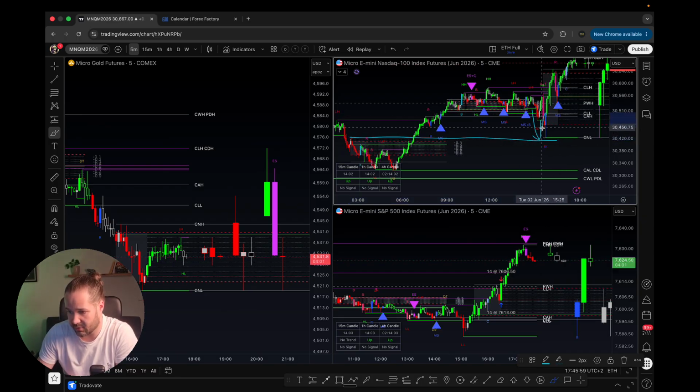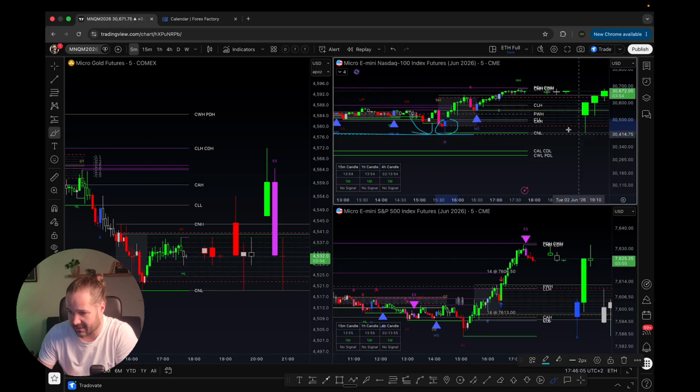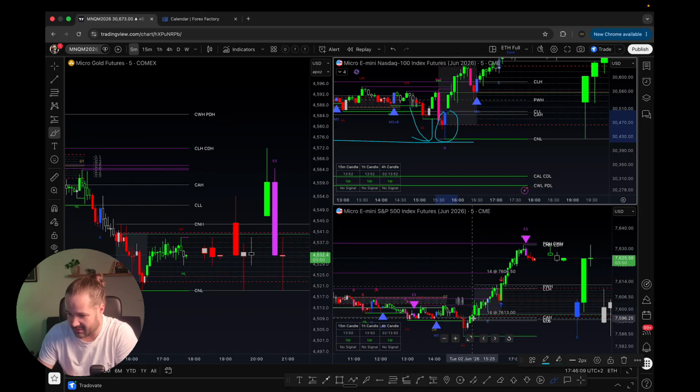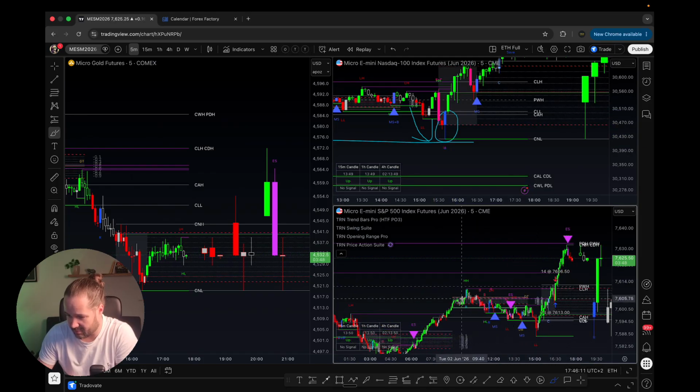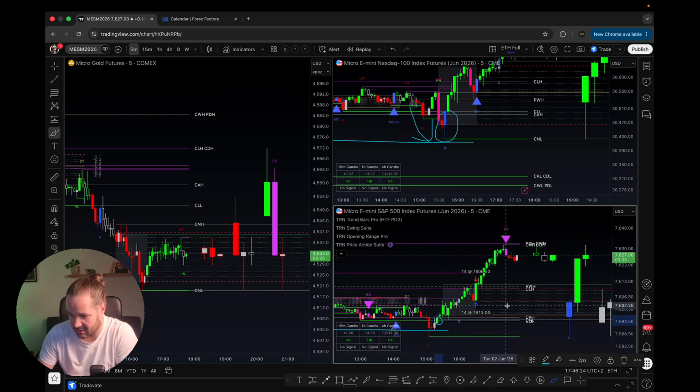And then this blue reversal bar right here would have been the entry signal, and this would have been the target. And the same here, where we got the pullback to the New York session high. And then we confirmed the first green trend bar, which would have been the entry, and this would have been the target, or maybe this.